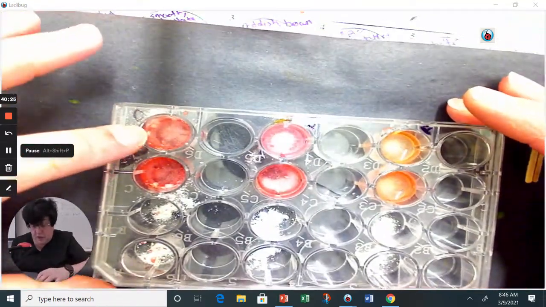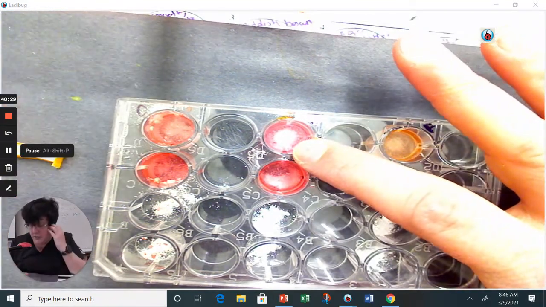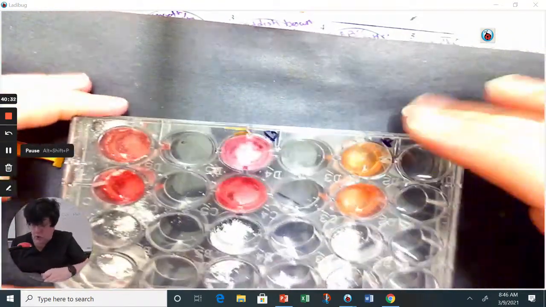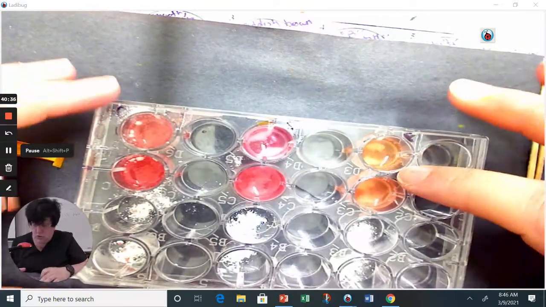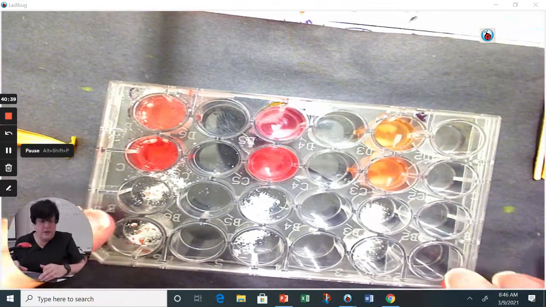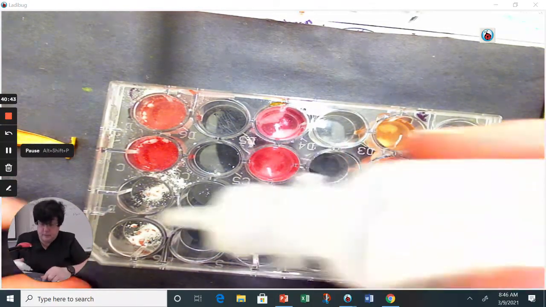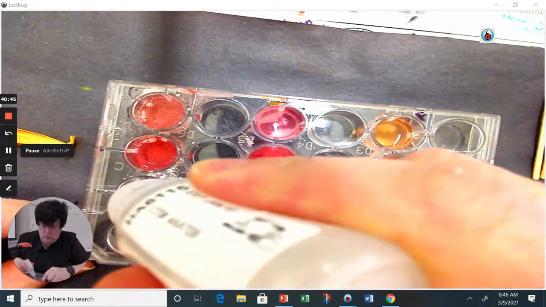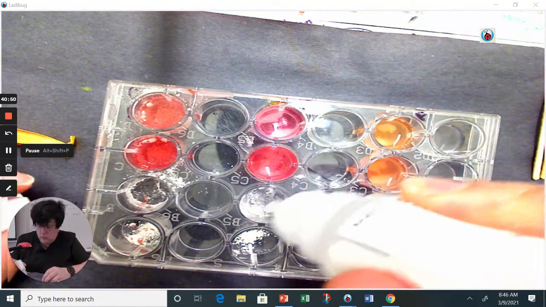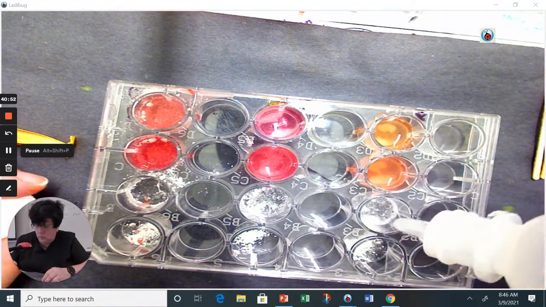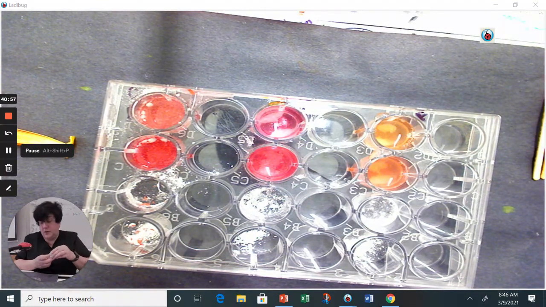So the indicator is a pinkish red for C, a pinkish red for D, and an orange color for F. All right, I'm going to add acid to them and then redo the pH. I bet you they'll all be 1 though, guys.